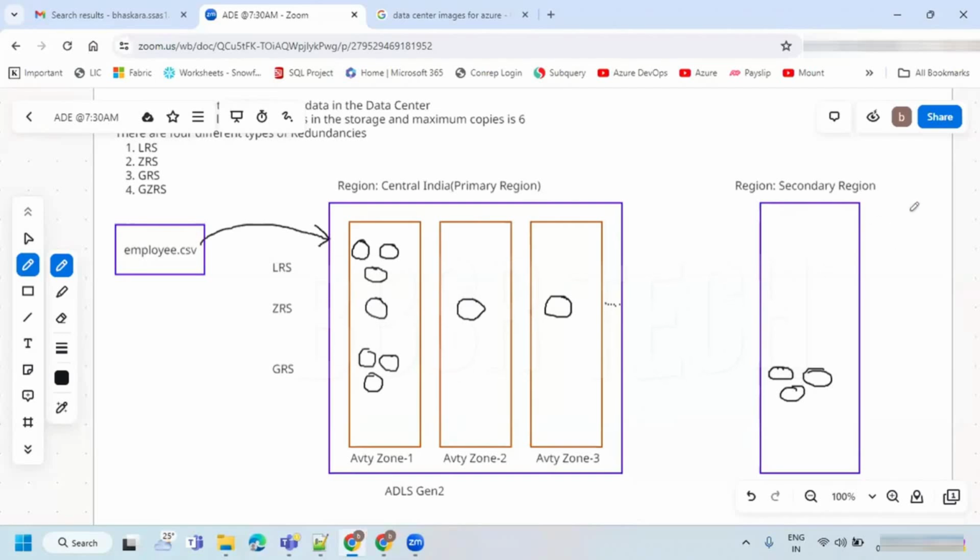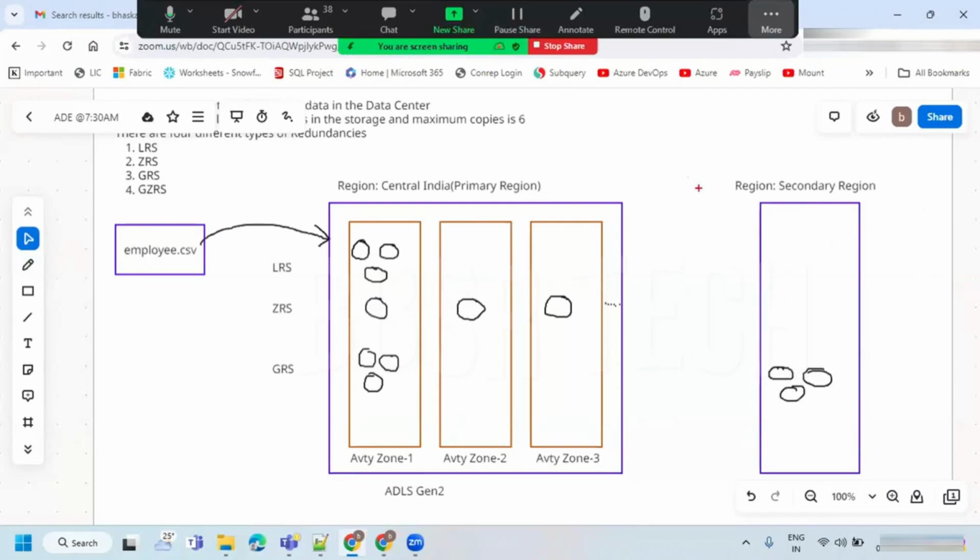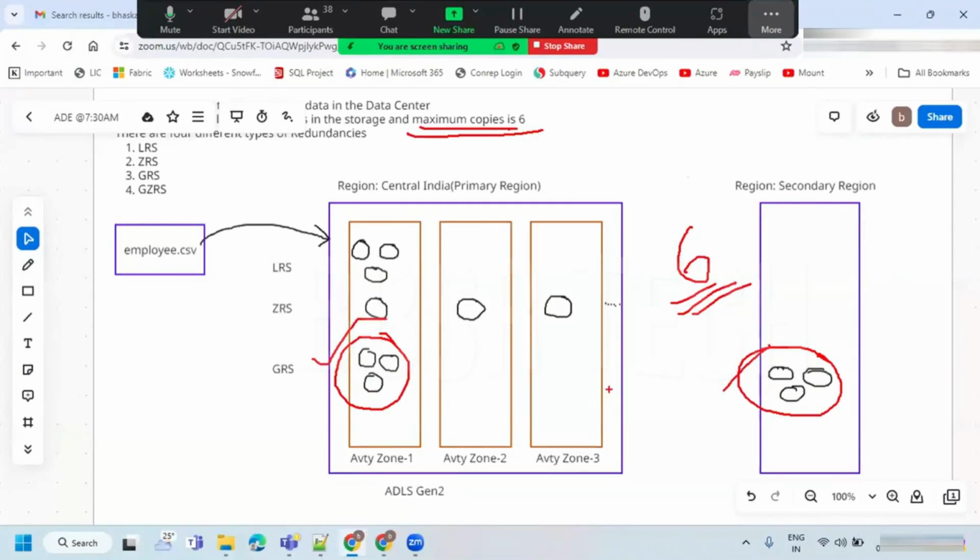You cannot have multiple zones because that is a secondary region. So in the secondary region, we are going to have 3 copies. So now we have 3 copies in the primary region and 3 copies in the secondary region, so in total 6 copies. I told you maximum you are going to get 6 copies. Only if you have a secondary region can you have it.